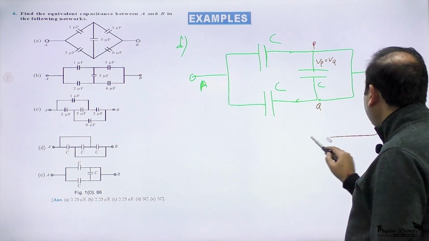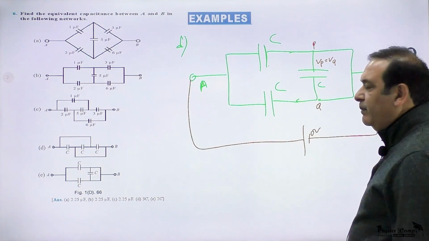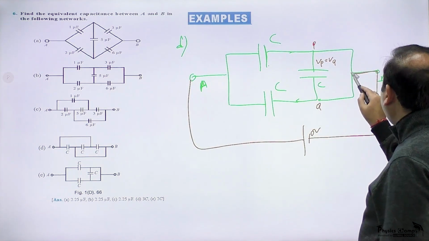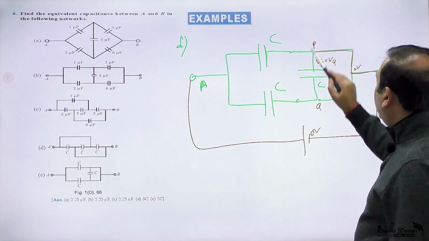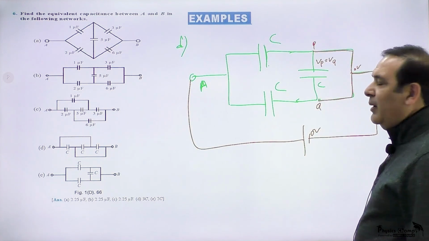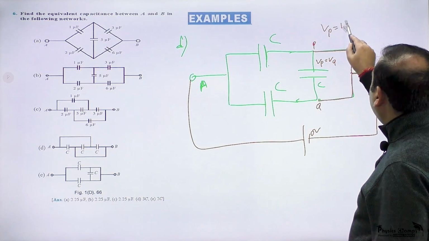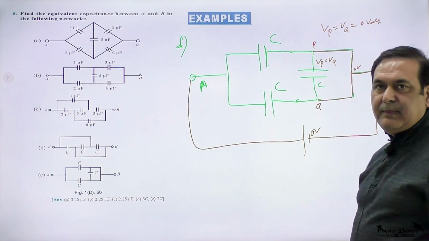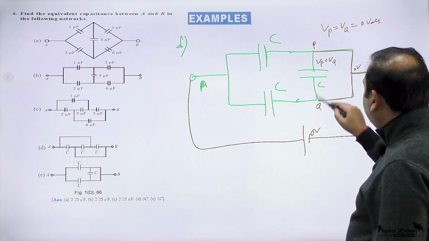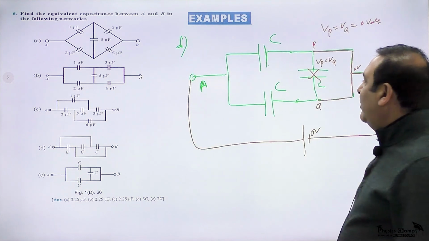Whatever is the potential of this end, say this is 0 volt. So if it is 0 volt, here also it will be 0 volt. And there is not a potential drop here, there is not a potential drop here. So Vp is equal to Vq, both are going to be 0 volt. It means P and Q are at the same potential, this capacitor is negligible, ignorable.